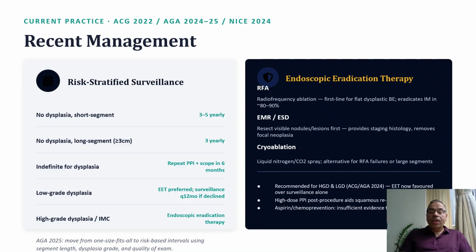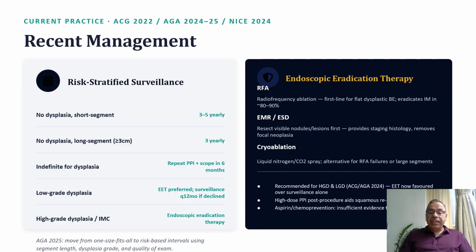And then we can also do a cryoablation therapy where liquid nitrogen or a carbon dioxide spray can be used, which can be used as an alternative therapy in cases where the radiofrequency ablation fails or if there are large segments of Barrett's esophagus.